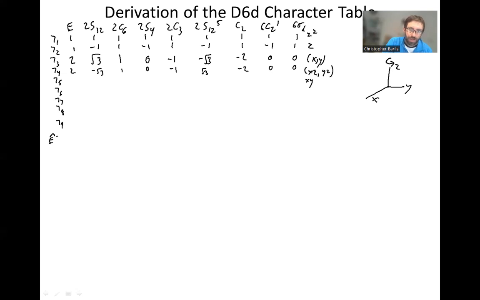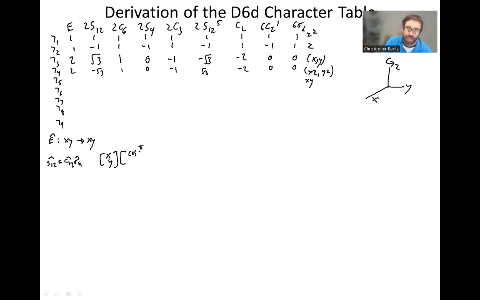So we just carry on as we normally do, recalling what x and y individually transformed like. But we know for identity, xy has to go to xy. For the S12, remember that's a C12 followed by a sigma H. Sigma H didn't do anything for x or y, so really this was like a C12, and recall that we used the rotation matrix, which was cosine 2 pi over 12.